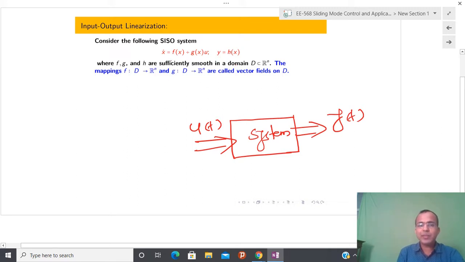Here, again I have the same kind of structure, because I have told you that whenever we are talking about feedback linearization, people found that if I have this kind of system, this is called an affine in control system. So I have an affine relationship basically, and I have an output.